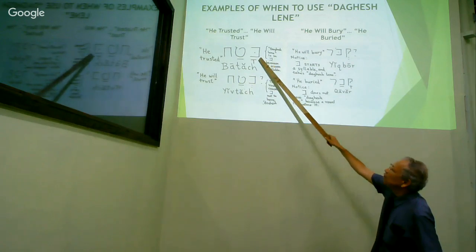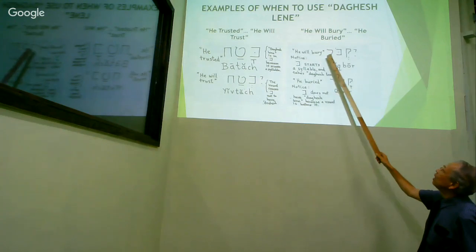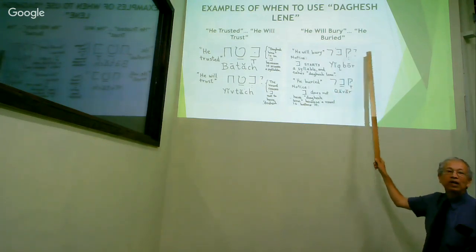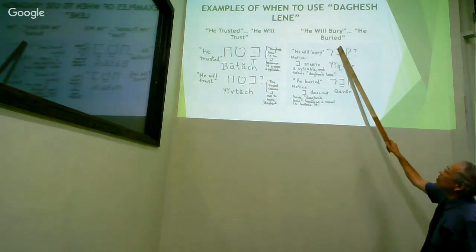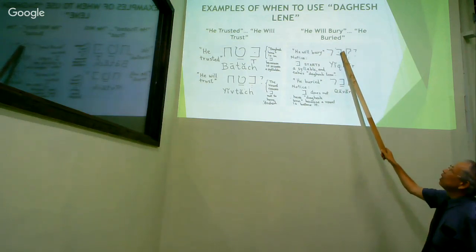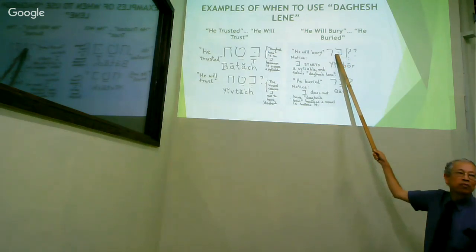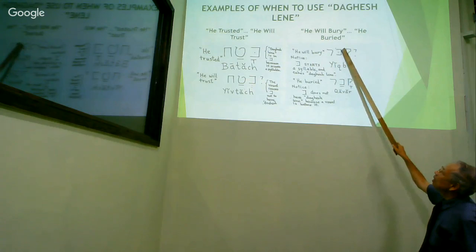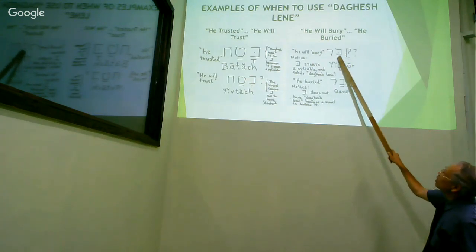Notice over here also, yik-bor. Notice in bor, which is the final syllable of this word, Beth starts the syllable. It's not at the beginning of the word, but it starts the syllable. This is one syllable, and this is the next syllable.